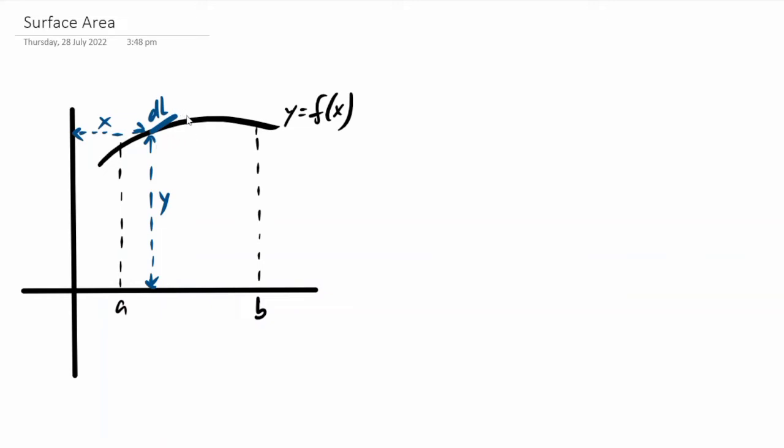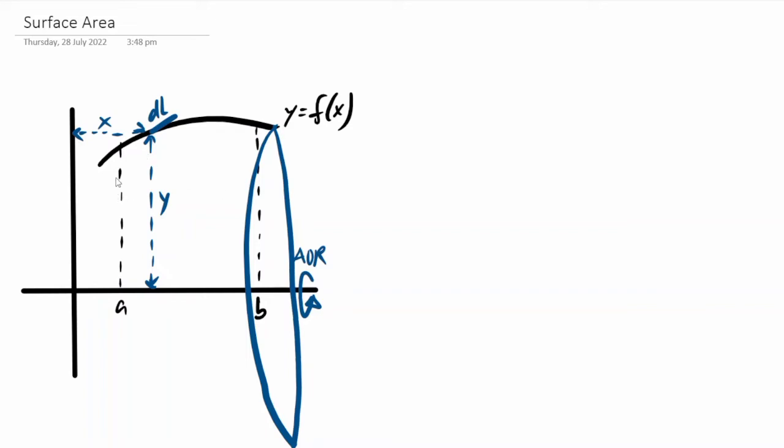Now, to understand this, what we're looking for is the surface area. So this curve here is going to be rotated about the x-axis. Remember, from the volume, this is our axis of rotation. Now, if you rotate this, we will have this figure.